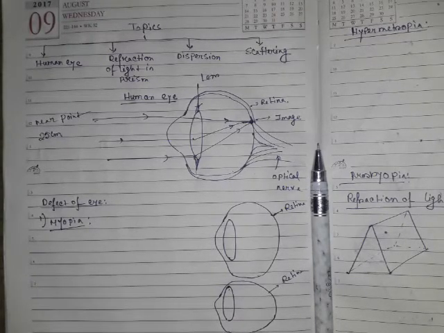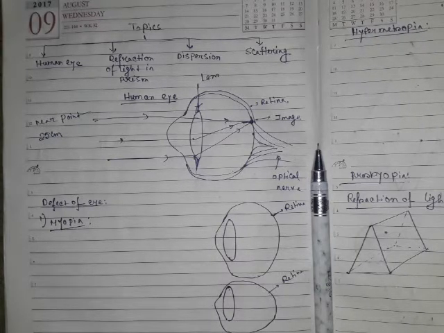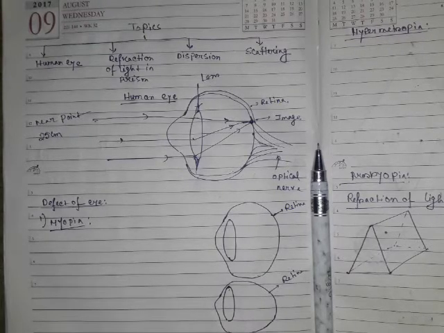So this was the brief about the human eye, and the main important key points about it. Another thing I can mention is the position of our eyes.